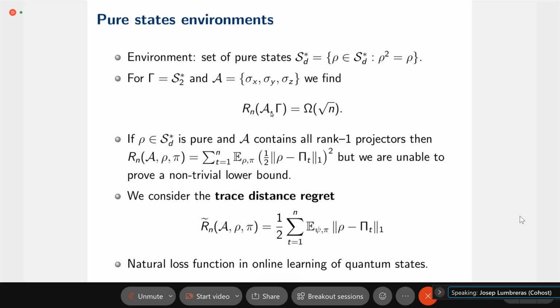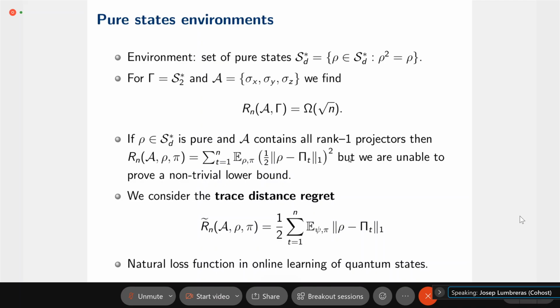But what happens is that if we study the same problem with an environment of pure states, but the action set now contains all rank 1 projectors, then, as I explained before, the regret can be expressed as the sum of the square of the trace distance between the unknown quantum state and the state that you select at each time step.